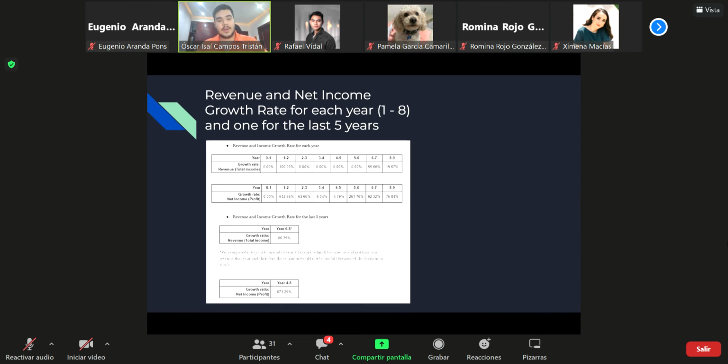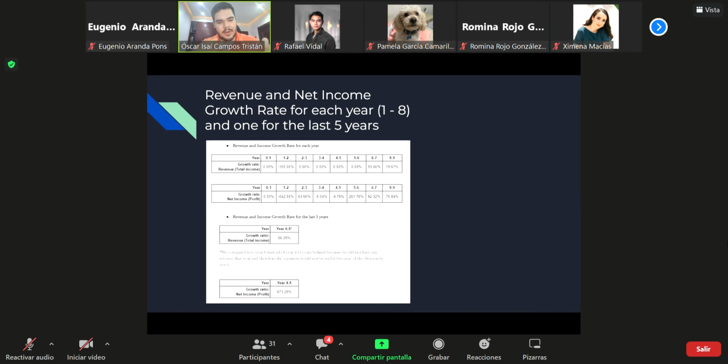Then we have the revenue and the net income growth rate for each year. I'm not proud of it, but we can see a couple of zeros right there, and that is the result of bad decisions in the simulation. But we can see that in years 5 and 6, the growth rate in the net income is actually very good.